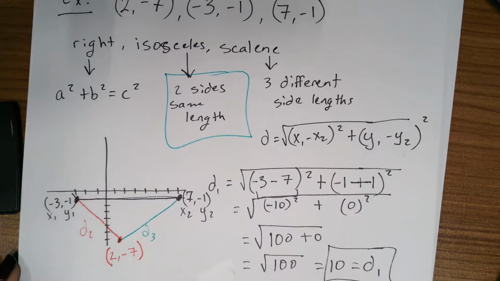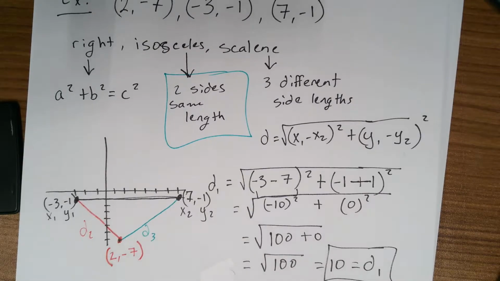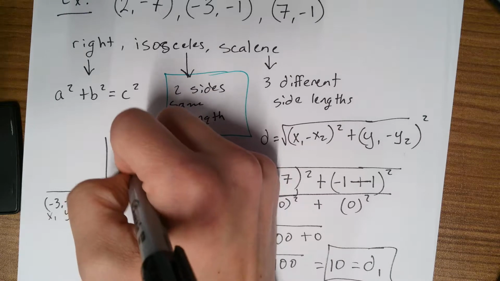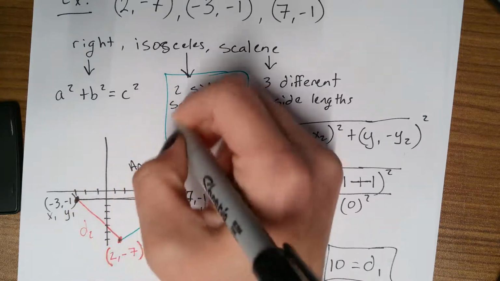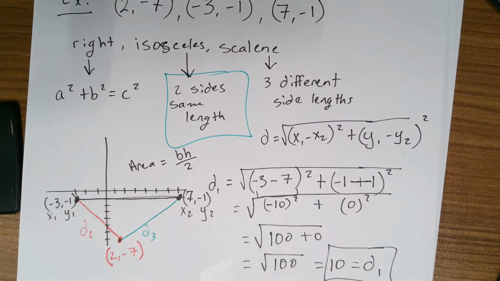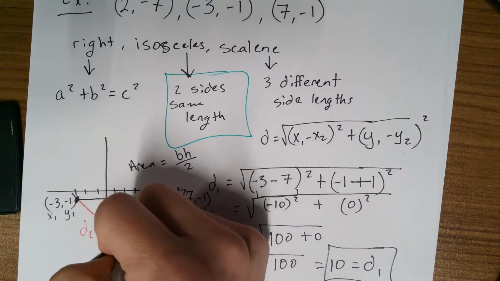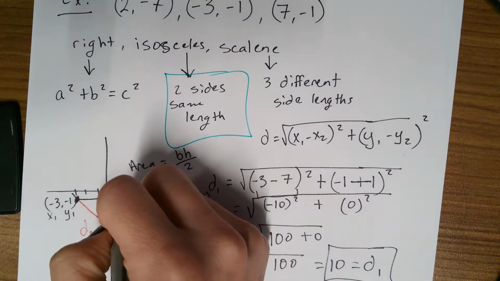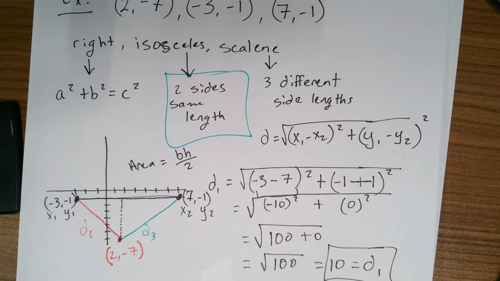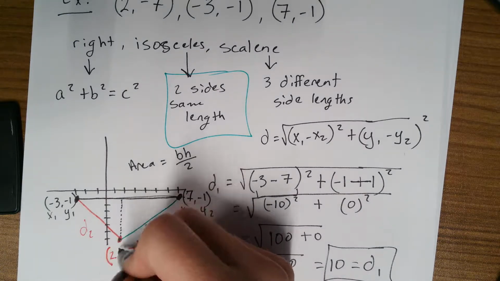Now, if you look at the triangle and you recall from, I don't know, geometry in high school, what the area of a triangle is. The area of a triangle is base times height divided by 2, right? So if I cut this in half right here, then I'll know what the height of the triangle is.